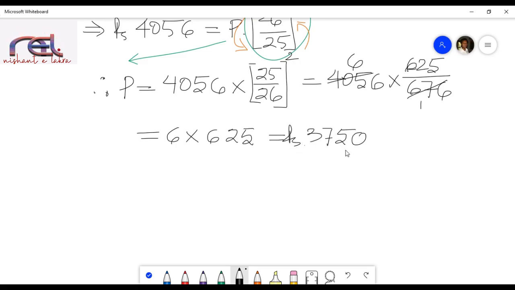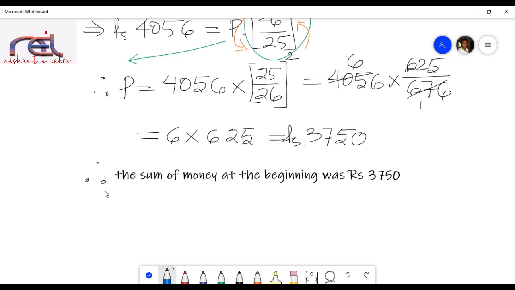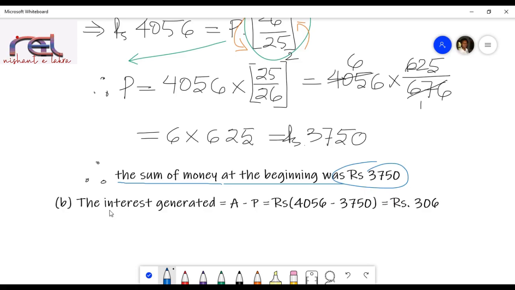After you multiply these two values, you will get principal as rupees 3750. Therefore, the sum of money at the beginning was rupees 3750.